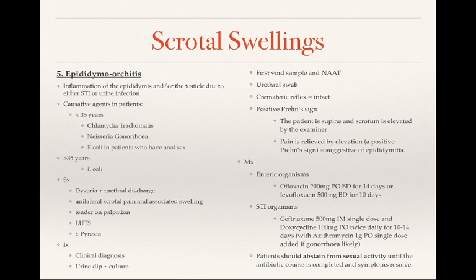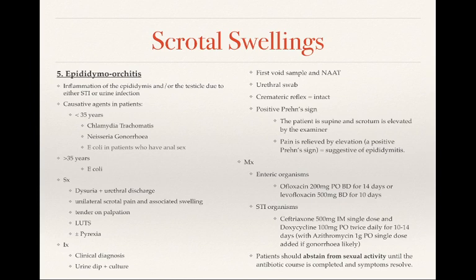It is a clinical diagnosis once again, but to identify the causative agent, you may want to do a urine culture and dip. You would want to do a first void sample and NAT or urethral swab to identify the causative agent in a suspected STI infection. So when I say first void sample, that means it's an early morning sample.